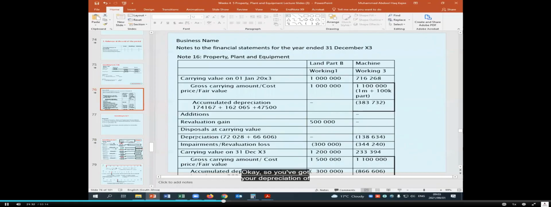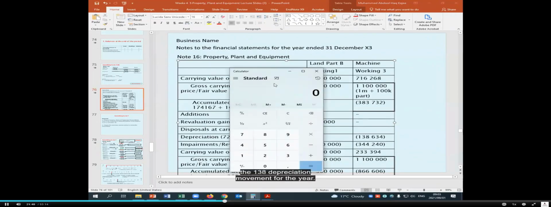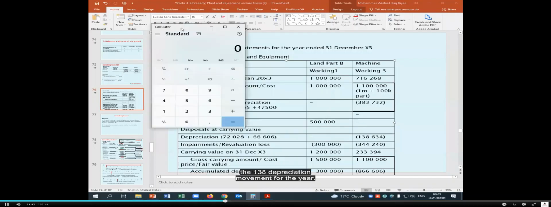You got your depreciation of 72 plus your 66. And that's how they get the 138 depreciation movement for the year. So you got 72,028 plus 66,606. That gives you your 138,634 depreciation movement for the year.